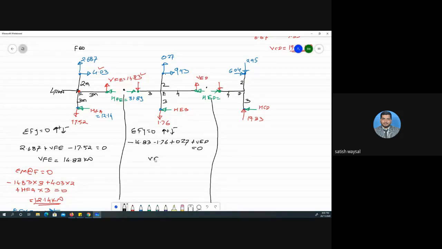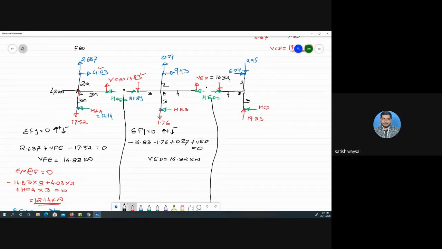So VED is equal to 16.32. Okay, VED is equal to 16.32.